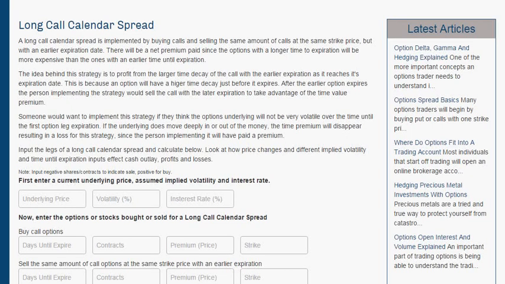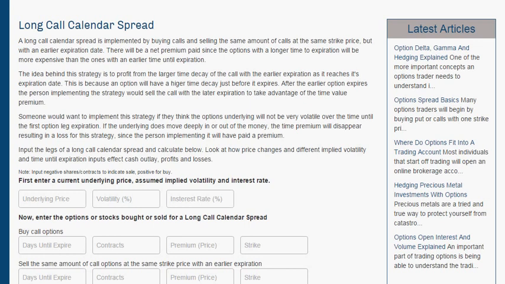And today, what I'd like to talk about is calendar spreads. Calendar spreads make sense when you feel that the underlying is not going to be very volatile for a short period of time. How you implement a calendar spread is you buy a call option with a certain expiration.